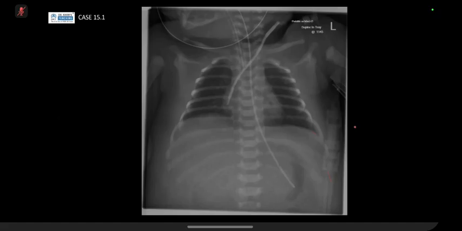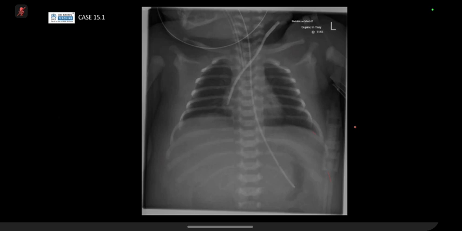This is a frontal chest radiograph of a mature infant. First, I see there is a gastric tube going to the stomach gas bubble, so it is in normal position. Also, the endotracheal tube is in proper position just above the carina.